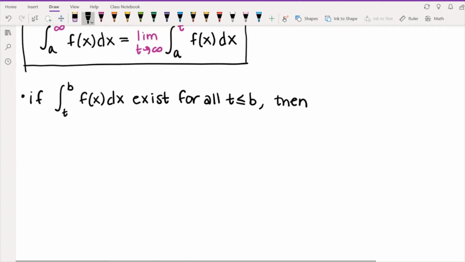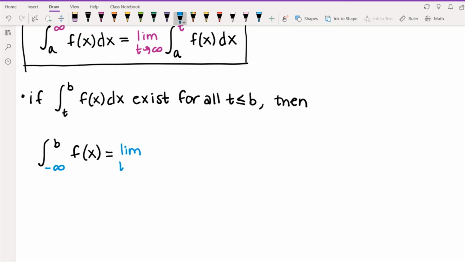The integral from negative infinity to b of your function is going to be equal to the limit as t approaches negative infinity of the integral from t to b of f of x dx. I forgot the dx for some reason.